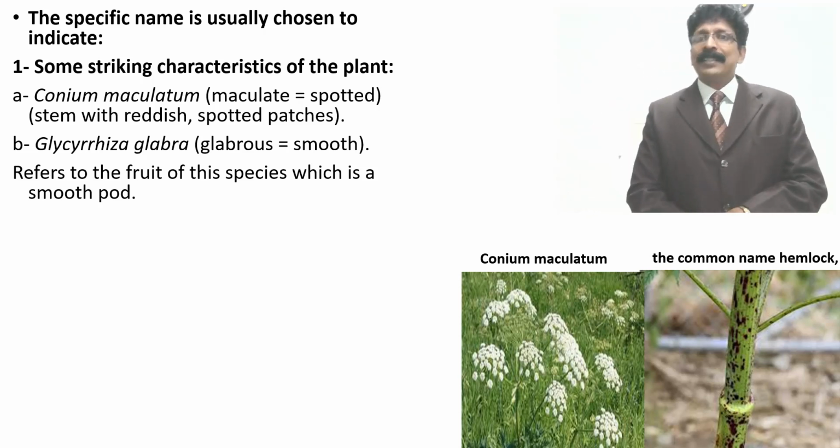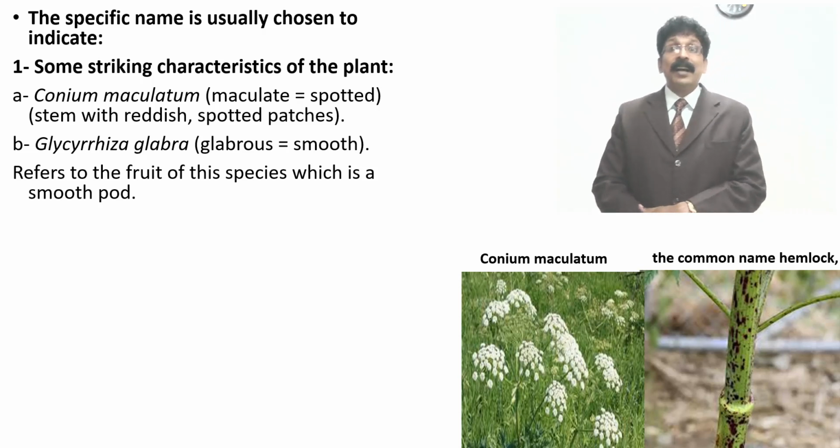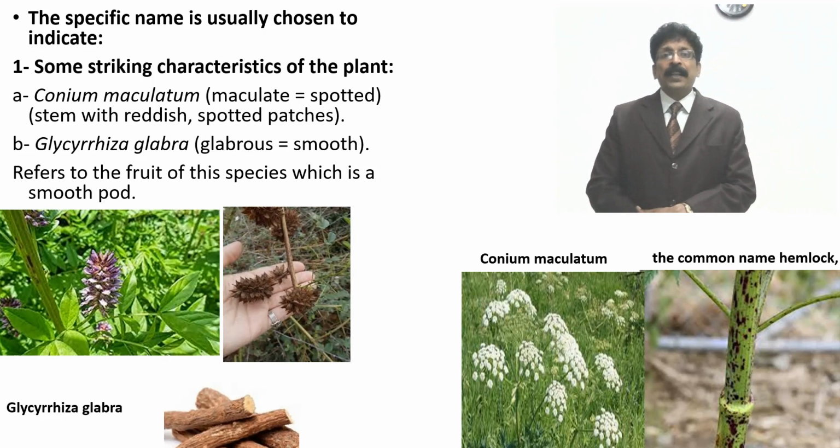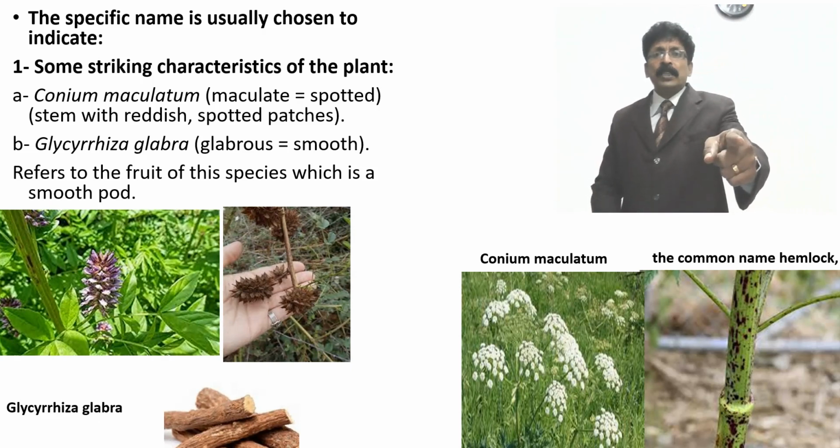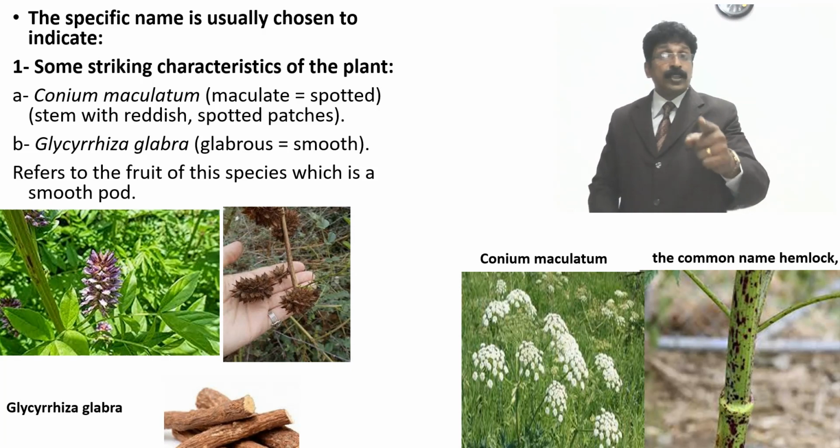Glycyrrhiza glabra. Glycyrrhiza glabra. You see the picture? The beautiful pods in the plant; actually the root is used as Adimaduram. The roots of Glycyrrhiza glabra are used as a crude drug.